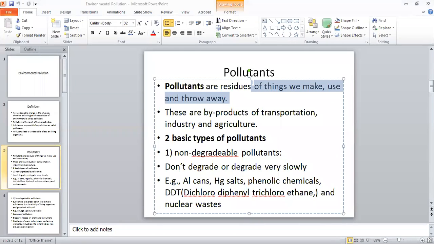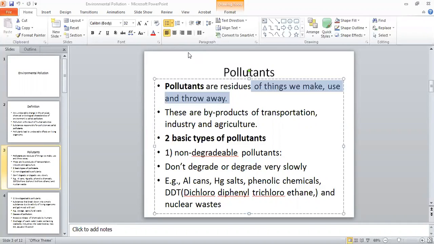We have two basic types of pollutants. Number one is non-degradable pollutants, and number two is biologically degradable pollutants. As the term is self-explanatory, non-degradable means that these are pollutants which do not degrade, which do not break down and get converted into simpler forms.